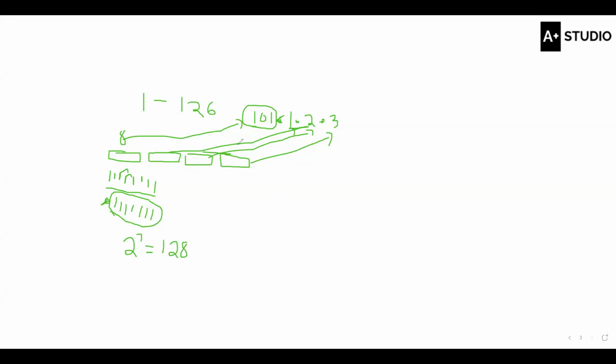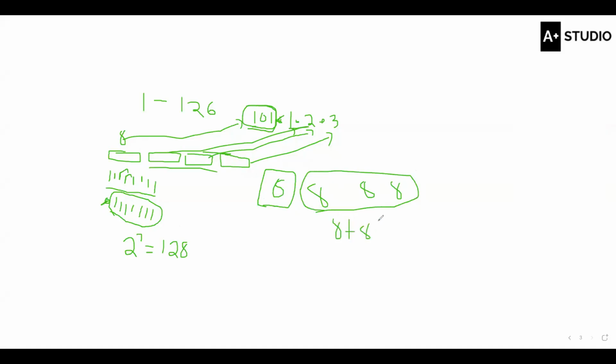So we are determining that the first octet is used to identify the network. The remaining 24 bits, 8 plus 8 plus 8, are used to determine the number of hosts, meaning the number of users on the network.